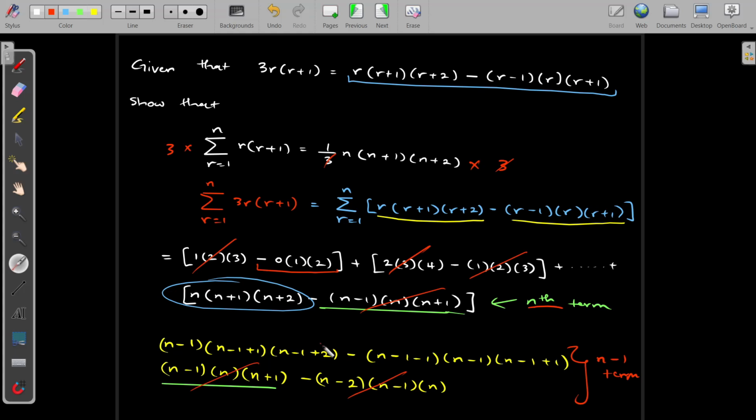Let me see if I can find one to give you to try. So this is method of differences.